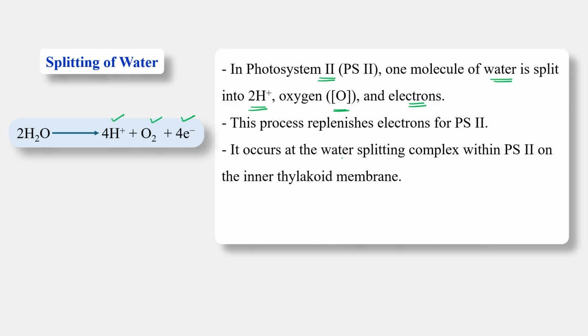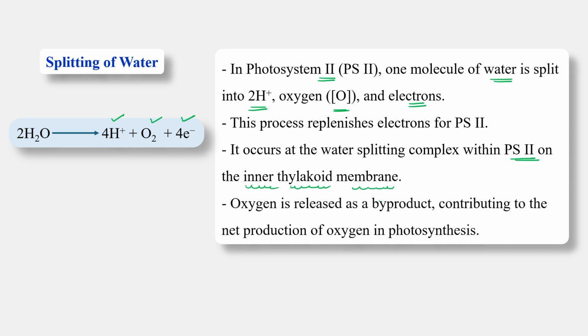It occurs at the water splitting complex within PS2 on the inner thylakoid membrane, and oxygen is released as a byproduct, which contributes to the net production of oxygen in photosynthesis.